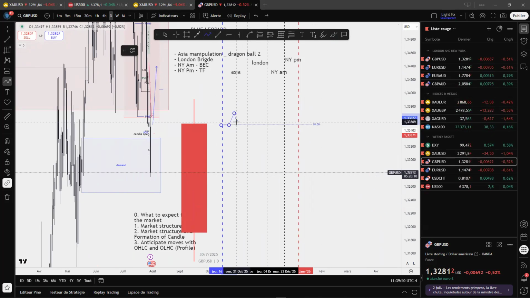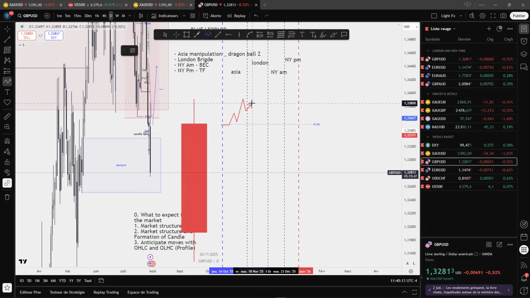Okay? So imagine a day that started here at 1800, created a high, then stopped somewhere here. Do we have a manipulation? Some of you will say yes, because you saw a high form, but you don't have a manipulation.